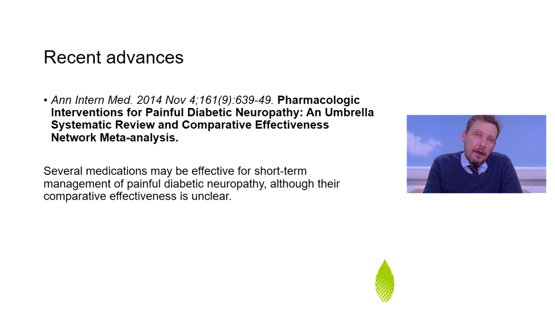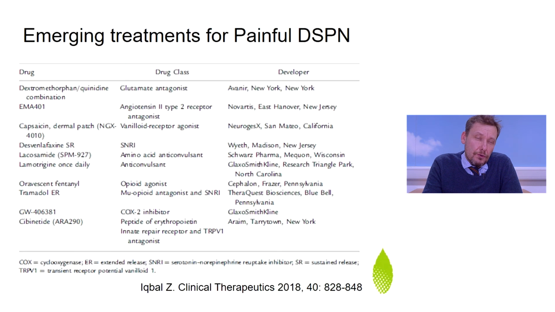Most of these drugs have been subject to relatively small scale randomized controlled trials with systematic reviews and network meta-analyses of this particular data, really suggesting that most medicines are effective at reducing pain scores for short-term management of painful diabetic neuropathy, although our ability to differentiate the efficacy of one compared with another in this respect is relatively limited.